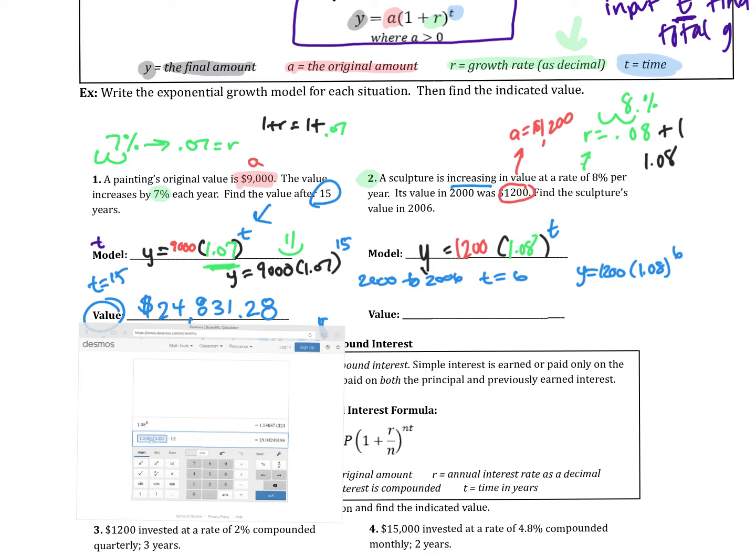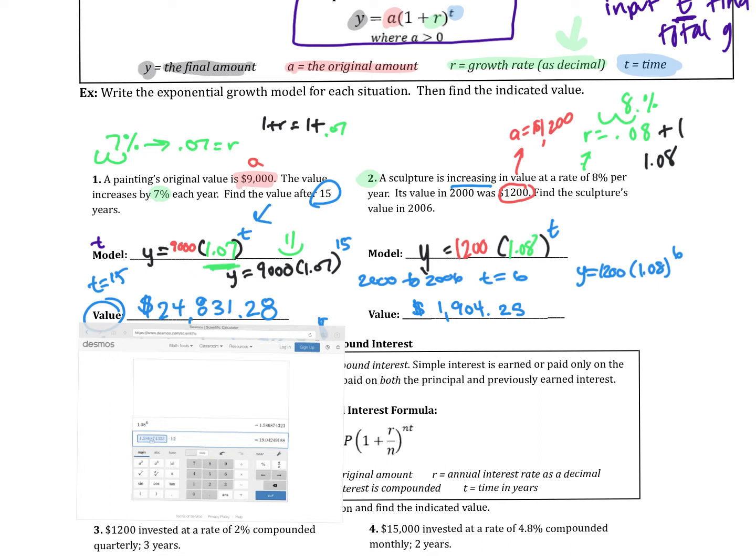Again, this is money, so the way that I'm going to include units is by putting a dollar sign there, $1,904, and I want to include 2 decimal places. Since this is 0.249, I'm going to round that up to 25 cents. So $1,904.25 after 6 years. Seems like a pretty good investment. We maybe need to start investing in some art.